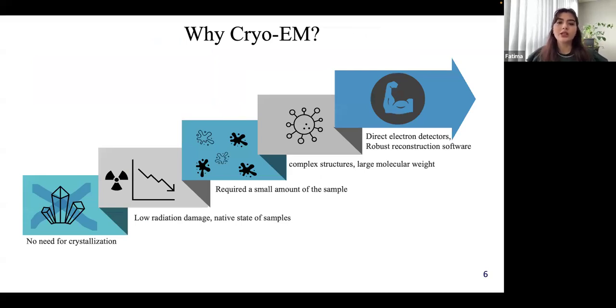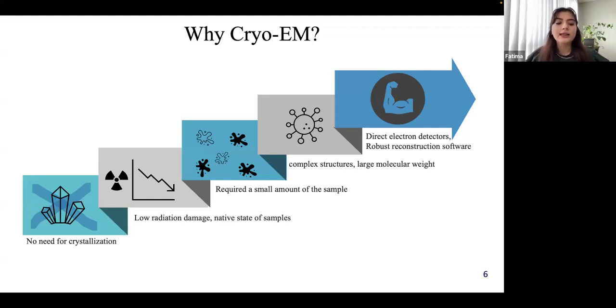So the first question is, why cryo-EM? The first thing is, in cryo-EM, we don't need to crystallize our protein or macromolecule, like in X-ray crystallography. The crystallization process is very time consuming, and for some proteins, like big proteins, it's impossible.